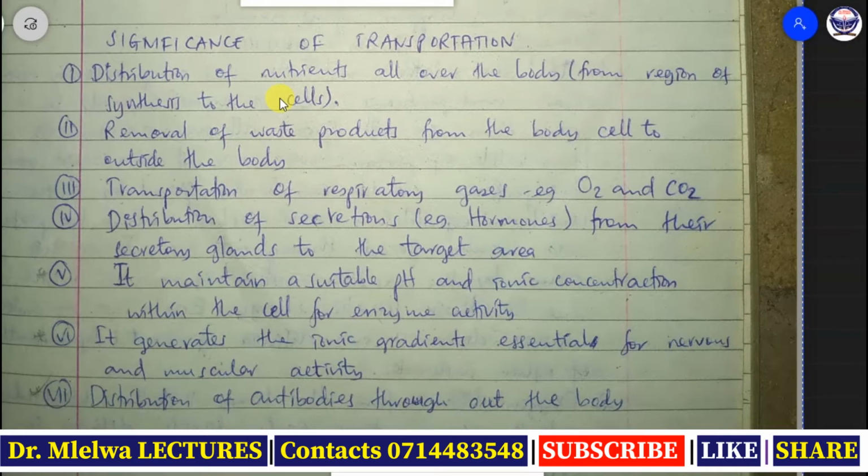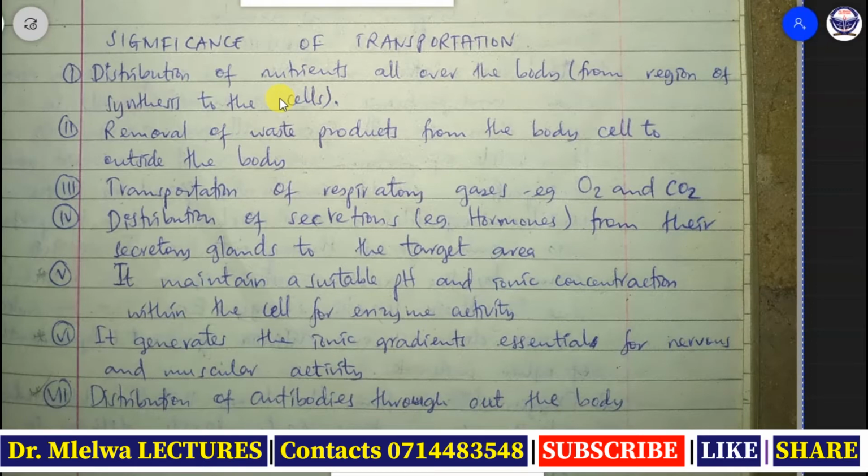Kwa tunajua kwamba endocrine hormones such as hormones produced by the pituitary and main endocrine hormones, adrenalines, thyroxines, all of them are transported by blood, from one part of the body to another part. So in absence of blood, they could not be transported to different parts of the body. So that is one among the significances of transportation.